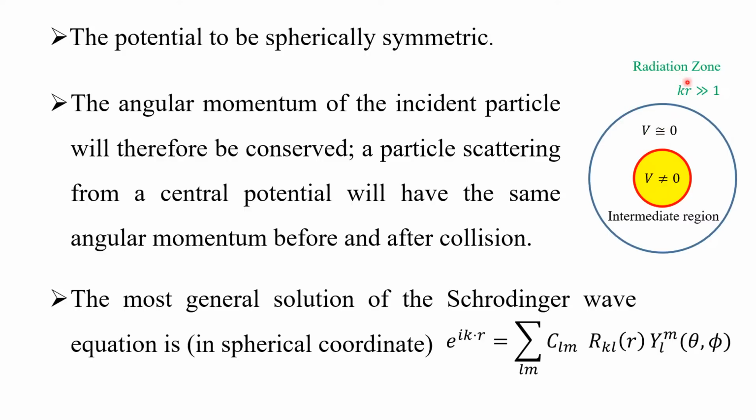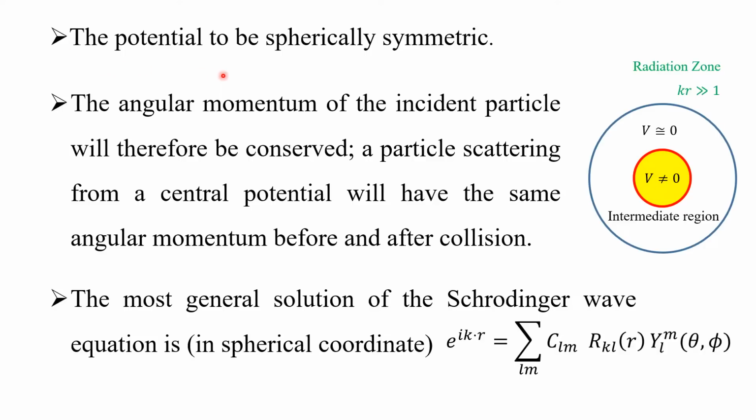Away from this, you have the radiation zone in which k times r is very much greater than 1.